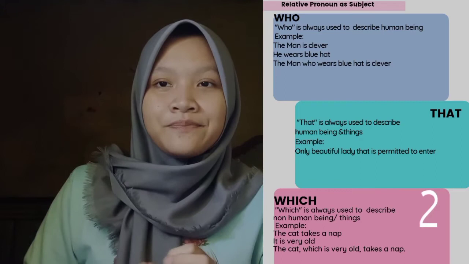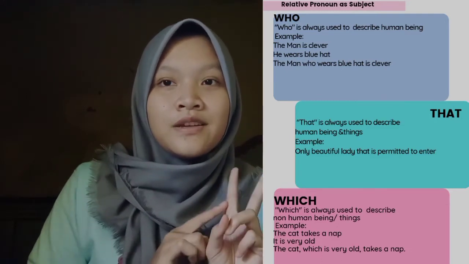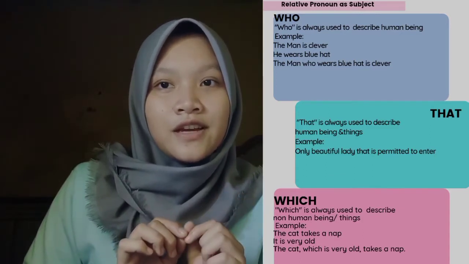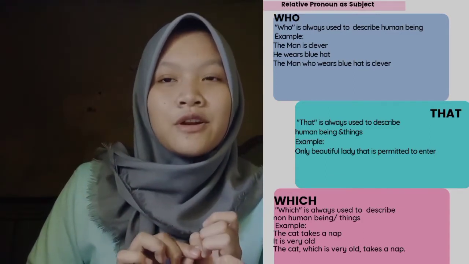Next, the second is which, used to describe non-person or things. I have two sentences, the main clause and the subclause, and we can combine them like in the first type, who. We combine the subclause and main clause to get the perfect sentence.